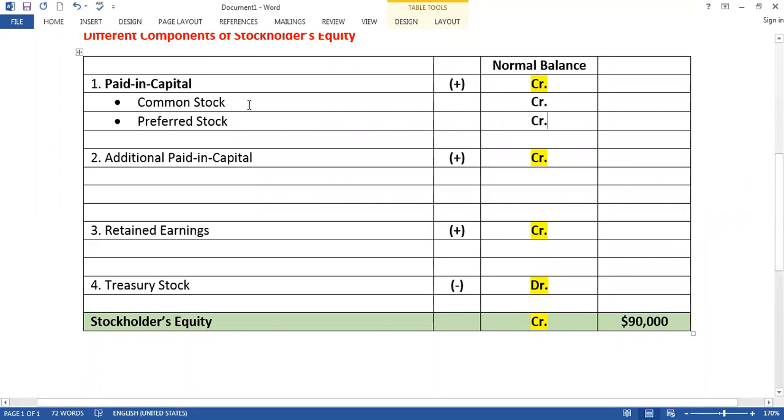Now we can see some examples. For example, company sells 1,000 shares, and par value is $10.